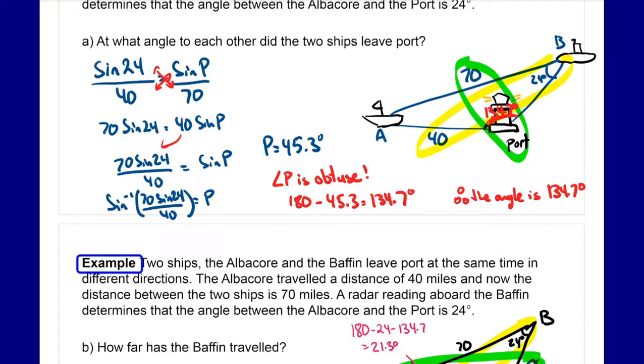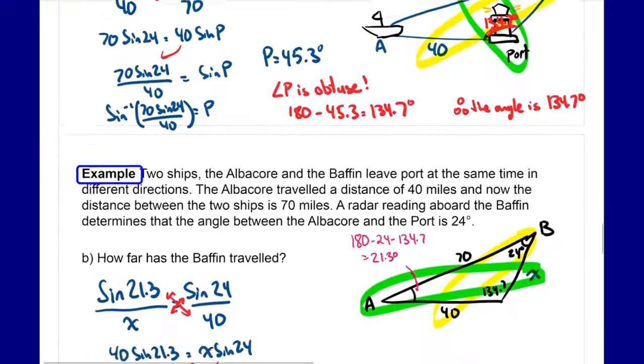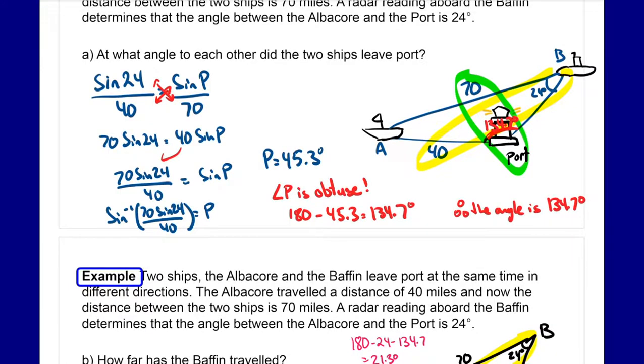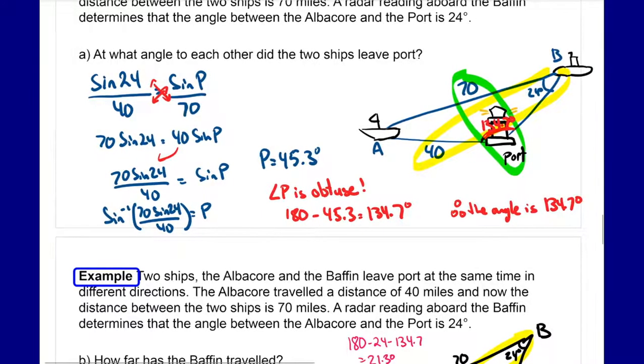But make sure you double check your calculations just to make sure that everything is done correctly. So again, looking at sine law, that is one way that we can find sides and angles for non-right angle triangles. There is another law that we could use for other scenarios, but for right now, just focusing on sine law.